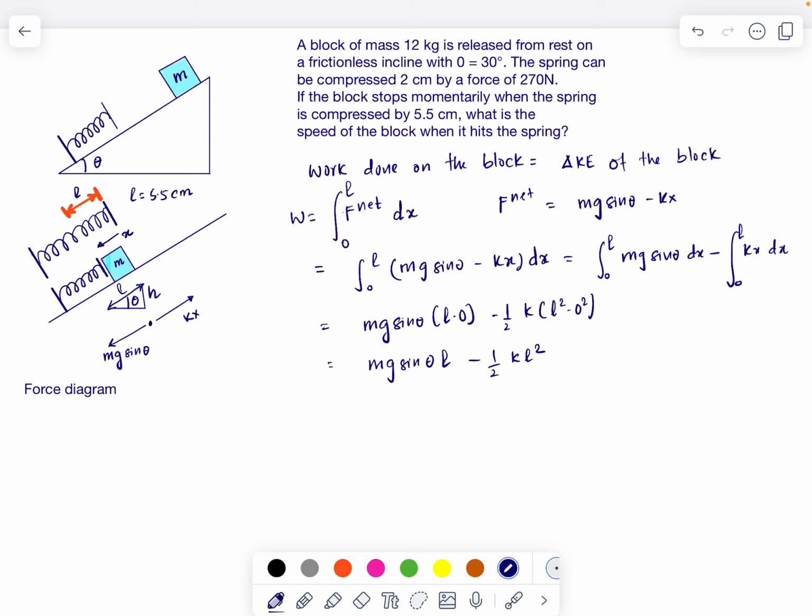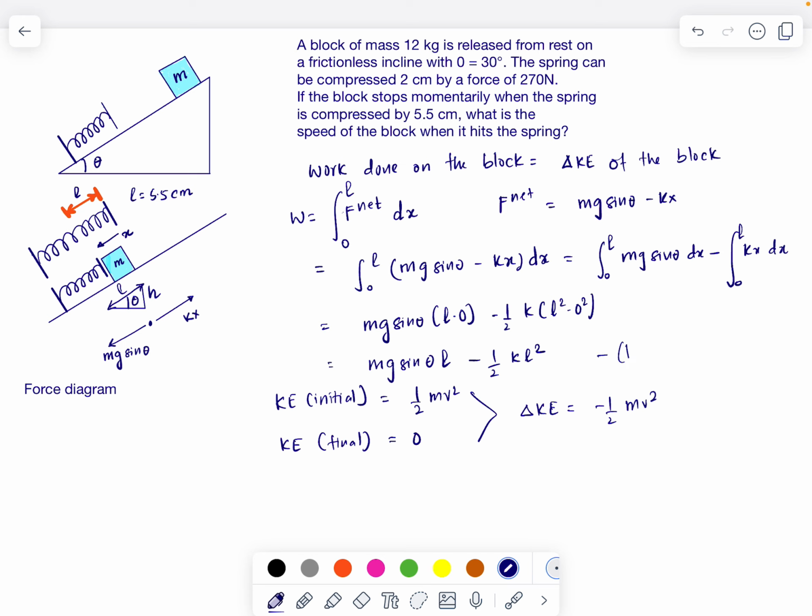So the initial kinetic energy equals half mv square, and what's the final kinetic energy of the block? That's 0, because the block is momentarily at rest at that particular point. So as a result, delta KE, the change in kinetic energy, is minus half mv square.